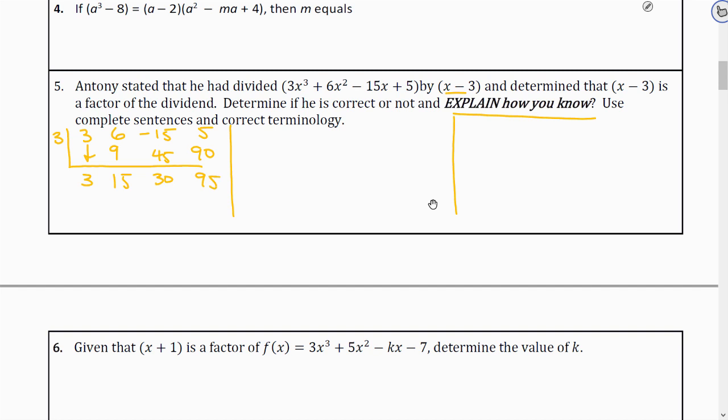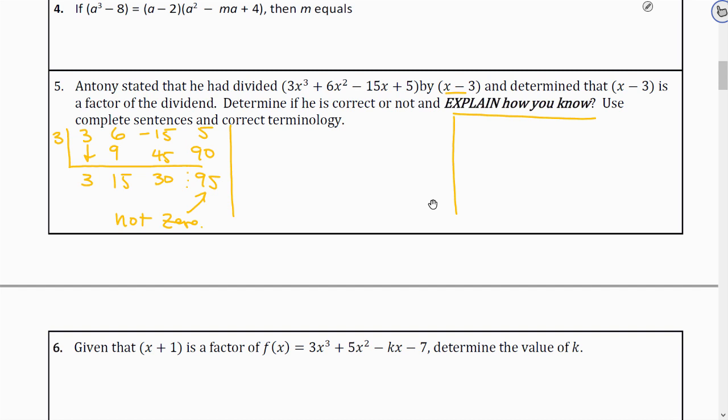The last number you get is the remainder. If this was my approach, I would say in words that he is not correct because I have a remainder that's not equal to 0.